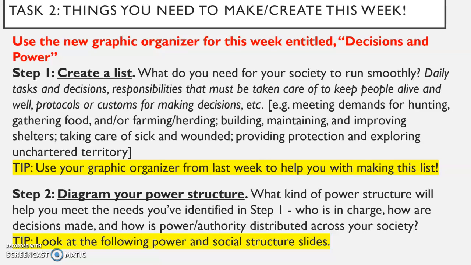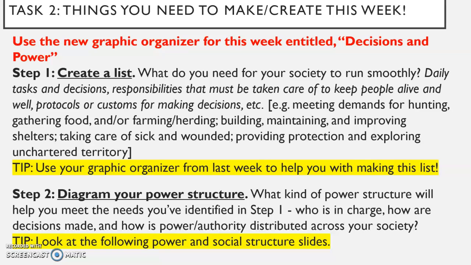So first thing I want you to do is create a list. What do you need for your society to run smoothly? What kind of daily tasks and decisions, responsibilities must be taken care of to keep people alive and well, protocols or customs for making decisions? So, for example, what kind of things we need for meeting demands for hunting, gathering food, and/or farming or herding, building, maintaining, and improving shelters, taking care of sick and wounded, providing protection and exploring uncharted territory.